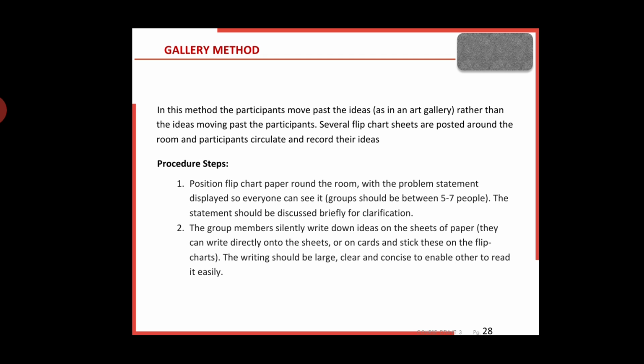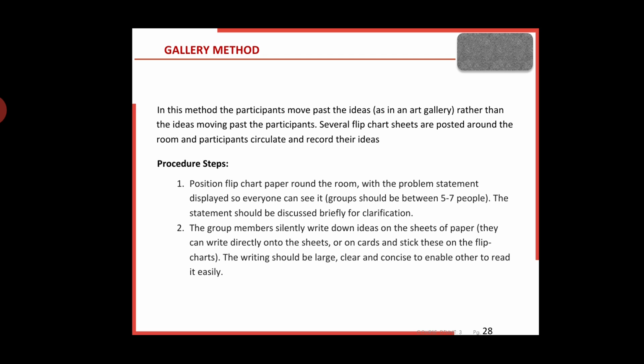The organization and team building are similar to brainstorming. In this method the participants move past the ideas, as in an art gallery, rather than the ideas moving past the participants.